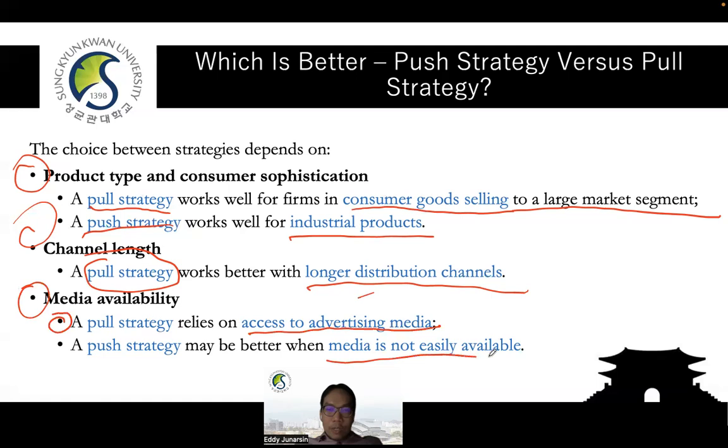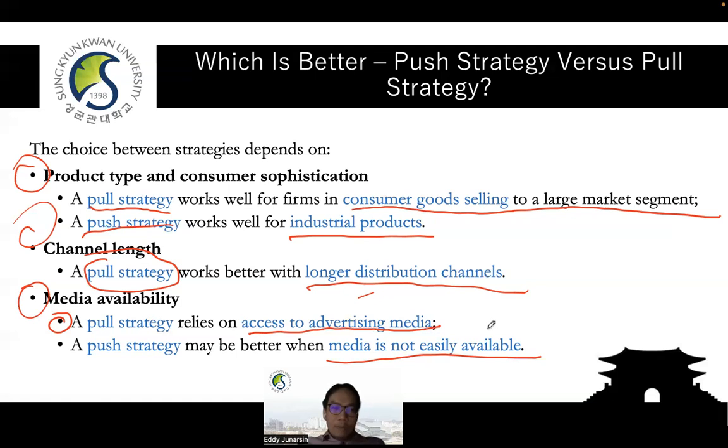But if the media is not easily available, for example, we are in a city or a country or a place that doesn't have influential media, or maybe the demographic segment that we aim at is not following media that much anymore. Maybe the younger generation, they don't watch TV too much. They don't read newspapers. They simply watch YouTube, Instagram, and some social media apps.